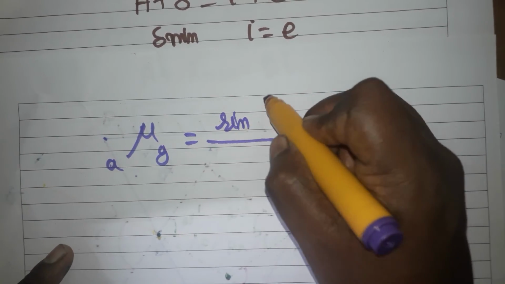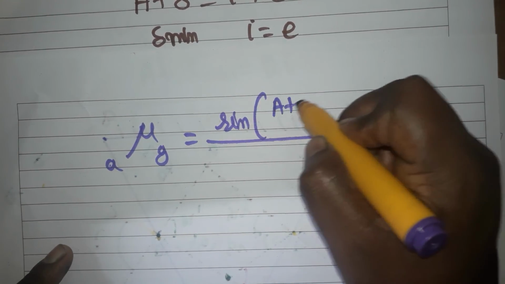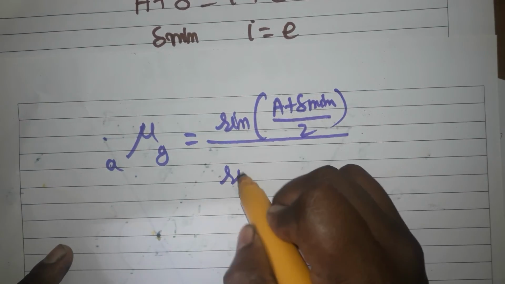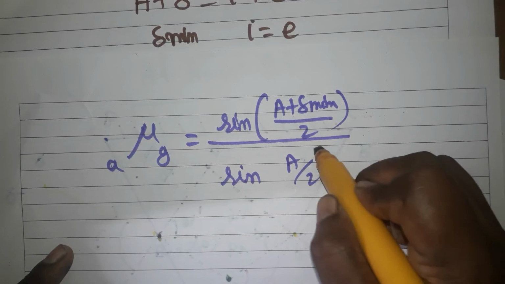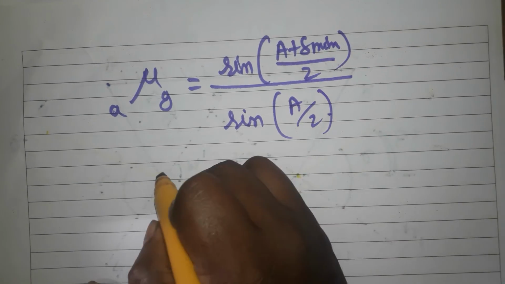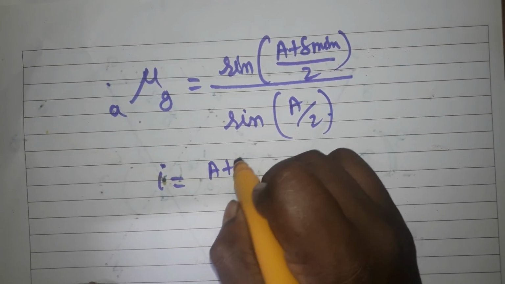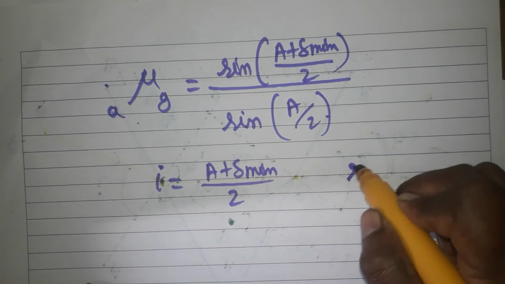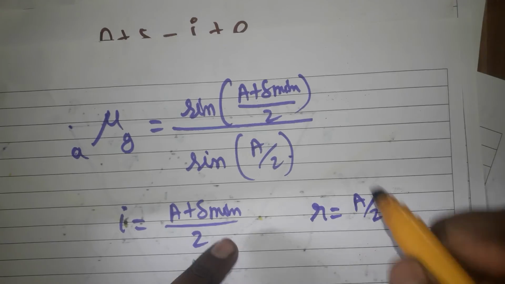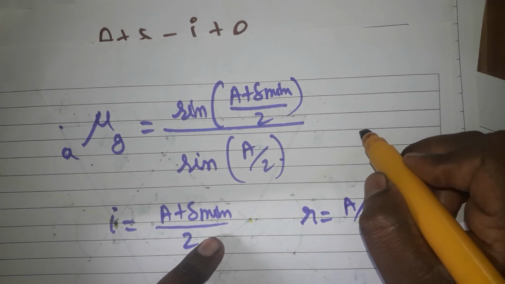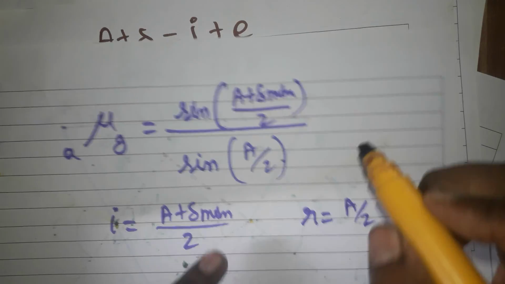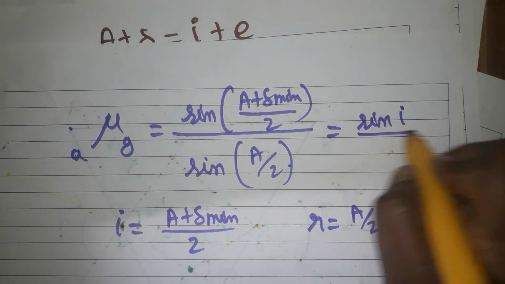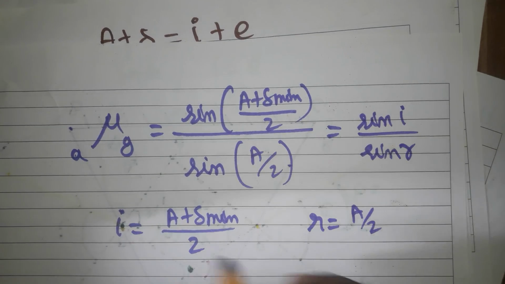Sin I is going to be sin of A plus minimum deviation divided by 2, divided by sin A divided by 2, because the incident angle is A plus minimum deviation divided by 2, and the refracted angle is A divided by 2. This happens when the deviation becomes minimum, that is the time the graph will be at its minimum. It is the equation sin I by sin R, Snell's law only, which I modified like this.